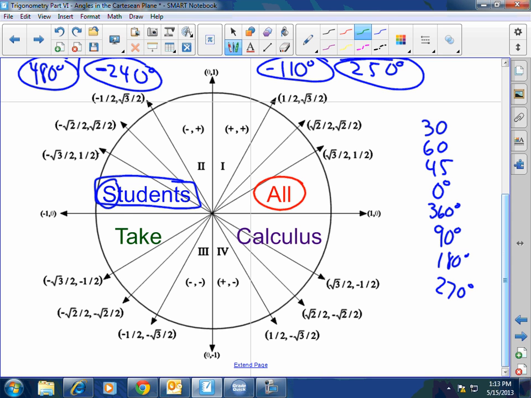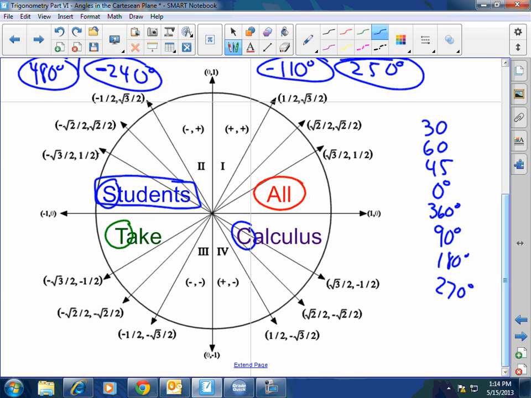T, take. Tangent and cotangent are positive only in the third quadrant. Everything else is negative. And calculus, C, only the cosine and the secant are positive there. So first quadrant, everything's positive.